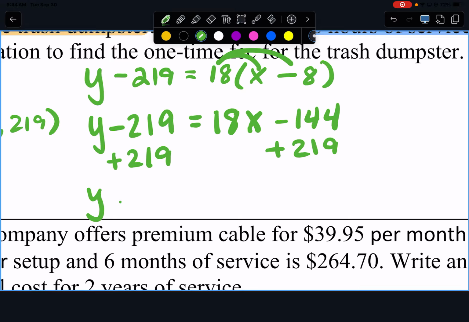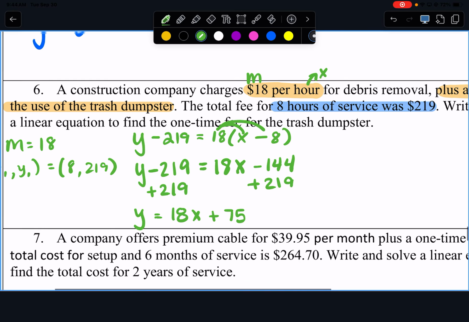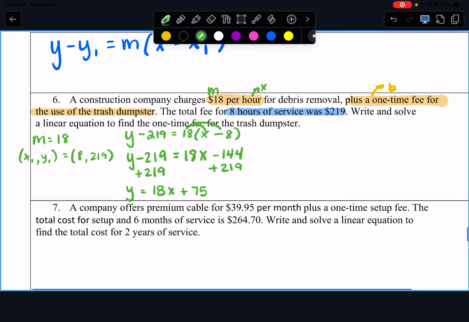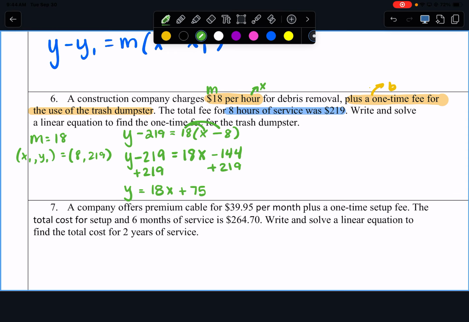So y equals 18x plus what? 75. All right, now, it says write and solve a linear equation to find the one-time fee for the dumpster.